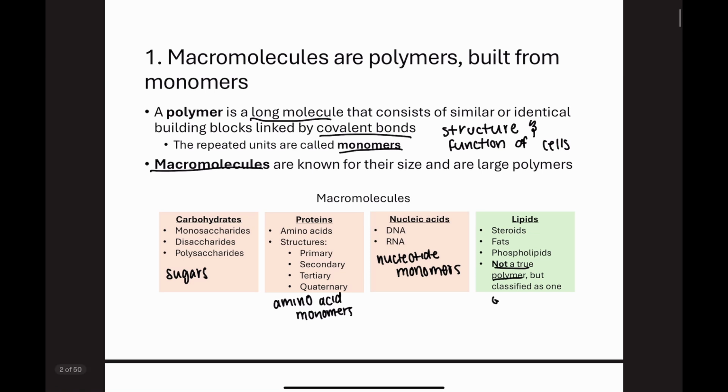And those subunits include fatty acids and glycerol. And a lipid's function is for the formation of cell membranes, signaling molecules, and they are extremely important for the storage of energy.